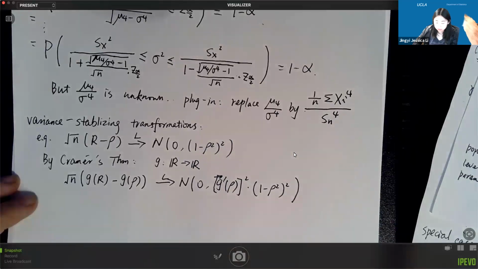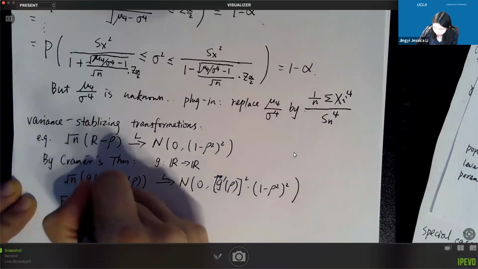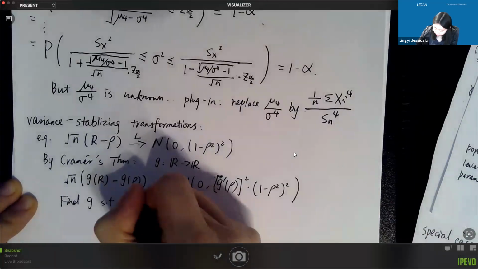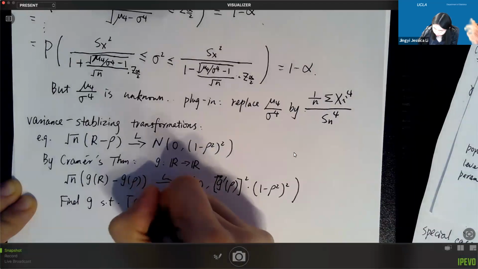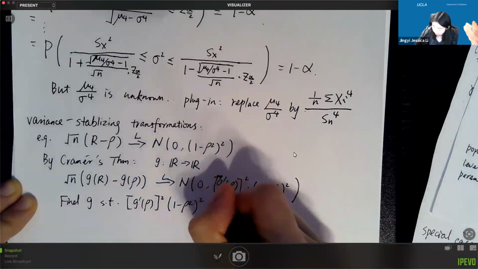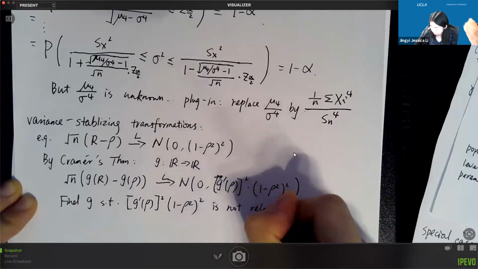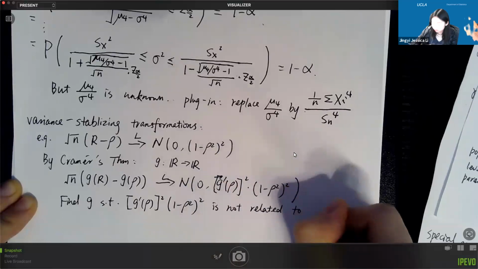Our goal is very easy. We want to find the g such that this term is no longer related to rho. Find g such that g prime rho square times 1 minus rho square square is not related to rho. That's our goal.